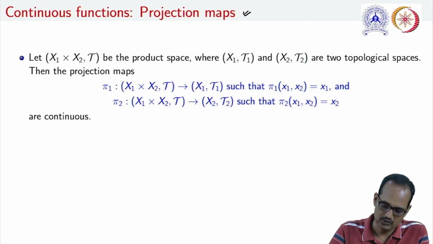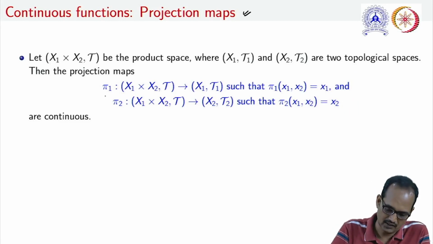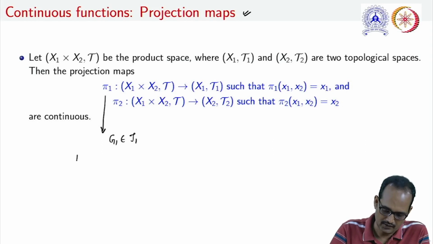In order to justify it, let us take the case of this pi 1. If we are taking any g1 belongs to topology tau 1, let us compute the inverse image of this g1 under pi 1.